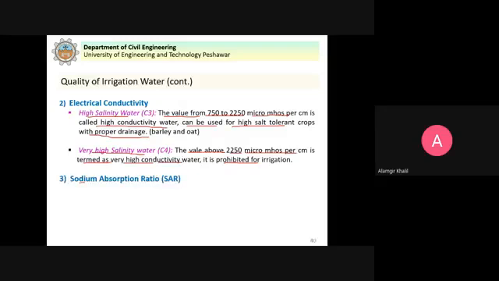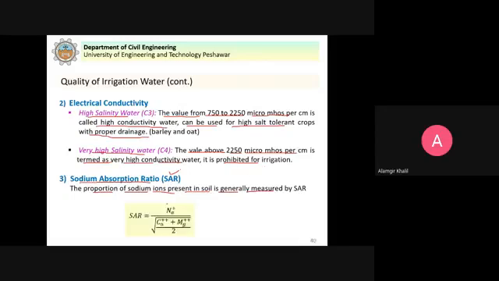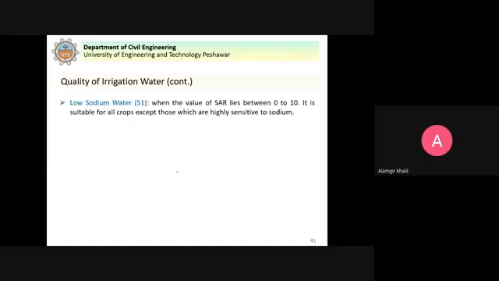The third one is the sodium absorption ratio, commonly called SAR. The proportion of sodium ions present in soil is generally measured by SAR, which is mathematically given by this expression, with the sodium and the calcium, magnesium ions that we have. So this gives us the SAR, sodium absorption ratio.